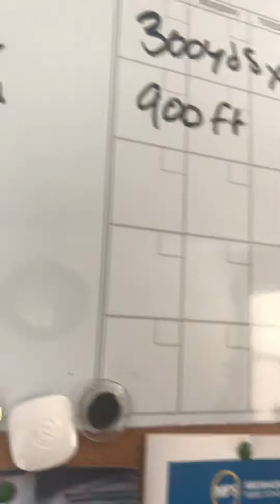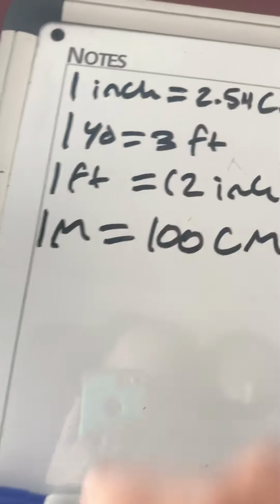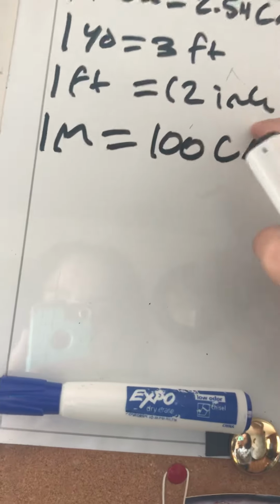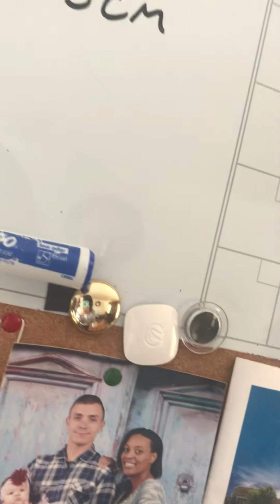If we had ants and a snake, we know ants are smaller than a snake. So to get the same length of a snake with ants, we're going to need more ants, not fewer ants. So we multiply by 12 inches, and our answer is 10,800 inches.